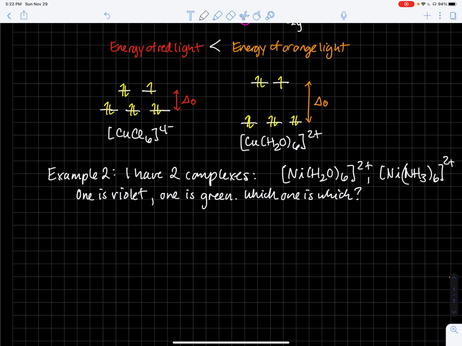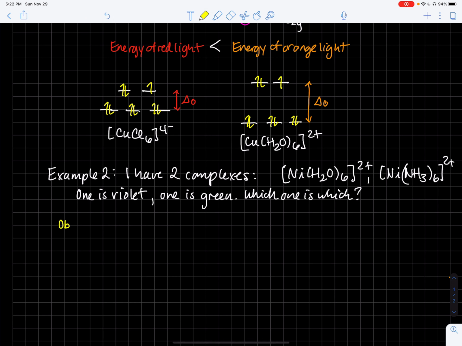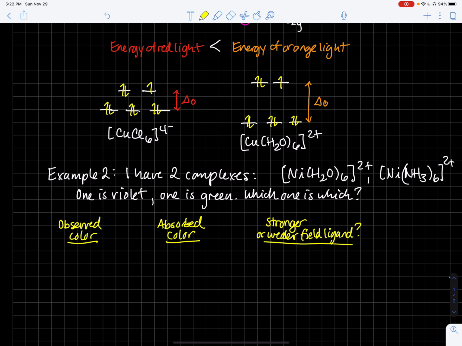And I like to make a little table like this just to organize my thoughts. So observed color, and then change that to absorbed color, and then say if this is, in this case I have two complexes, so stronger or weaker field ligand relative to one another, and then I will identify the compound.